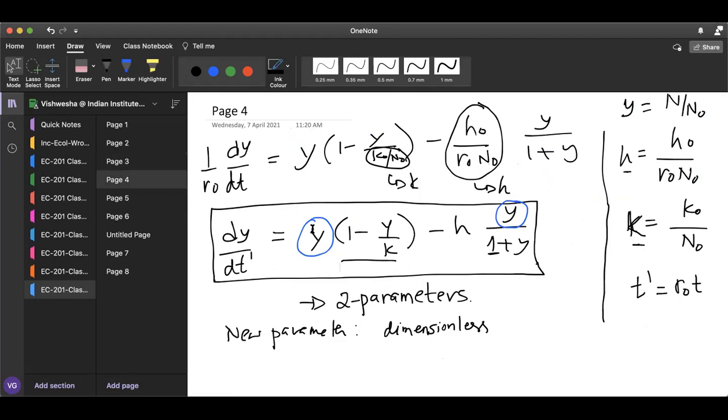Now y is also measured in units of N0, and k is also measured in units of N0. So it doesn't really matter. It's like moving from centimeters to meters. Initially I was measuring both in centimeters, now I'm measuring both in meters. It doesn't change anything.